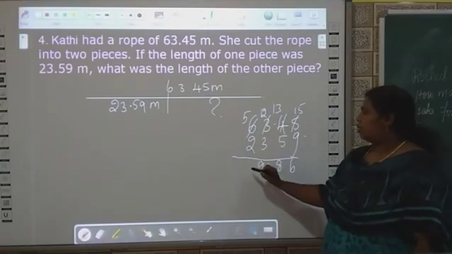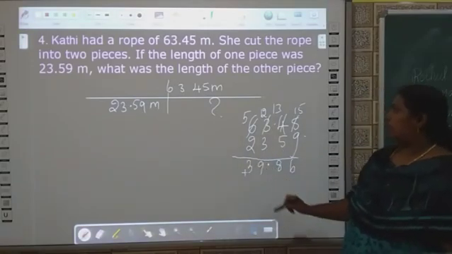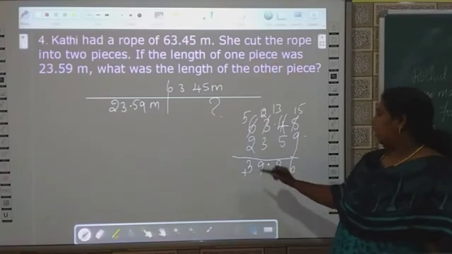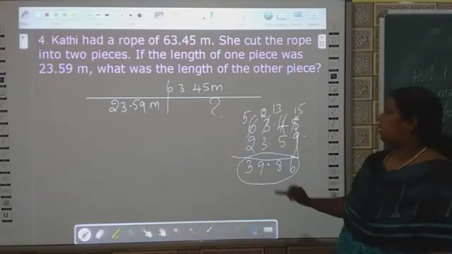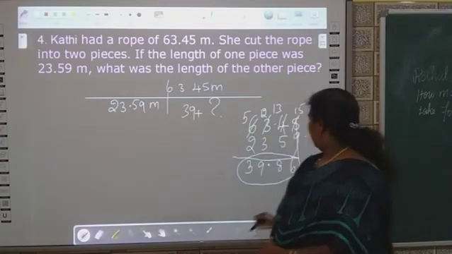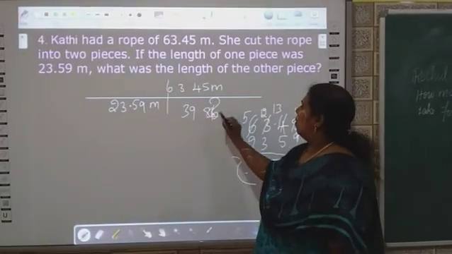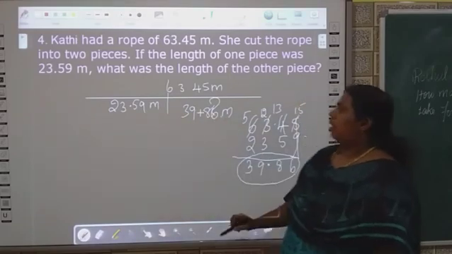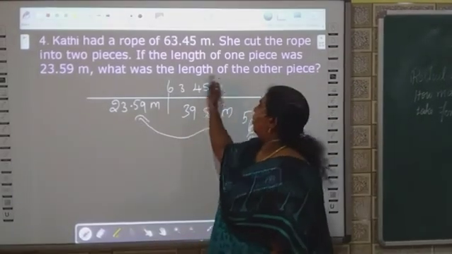Next, 5 minus 2 is 3. So the other piece is how much length? 39.86 meters. If we add these two values, we will get the total.